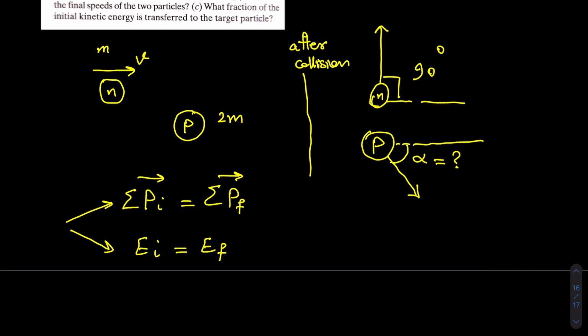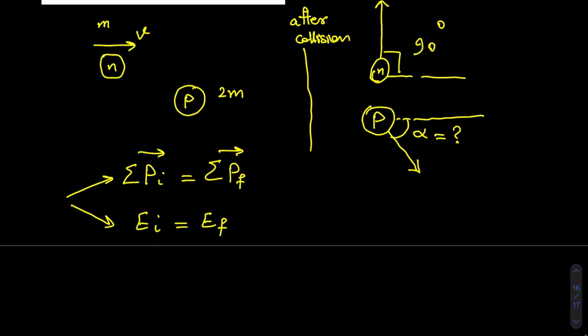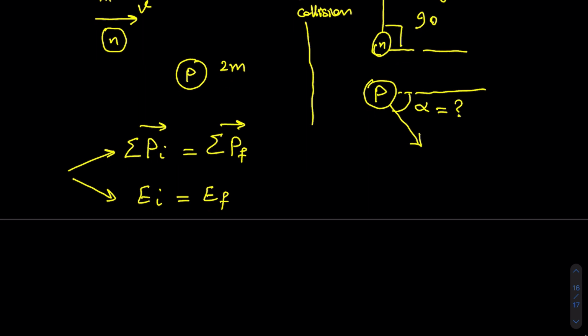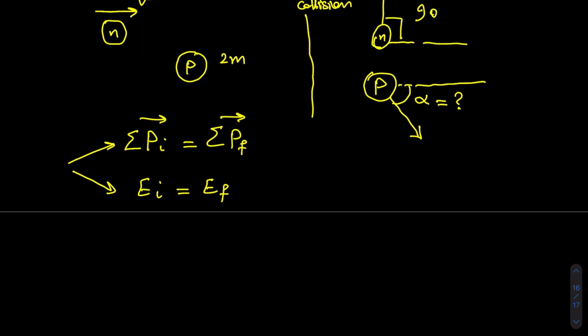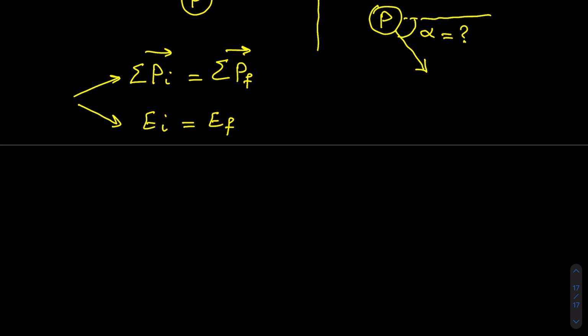Since in this collision the two particles move in different directions, this is a two-dimensional collision. In a two-dimensional collision, we need to consider and study the law of conservation of momentum in two dimensions.